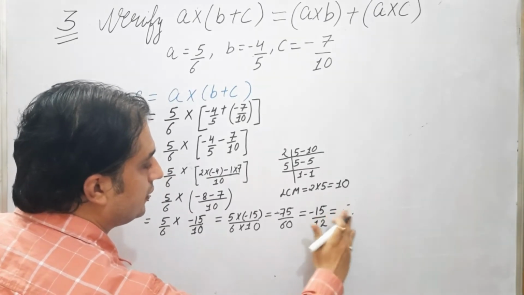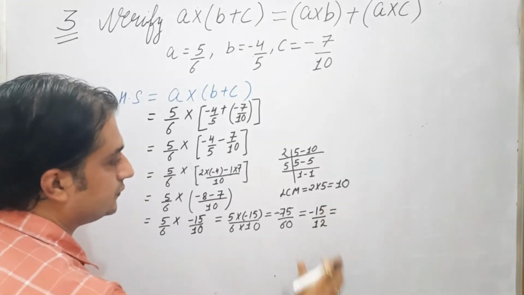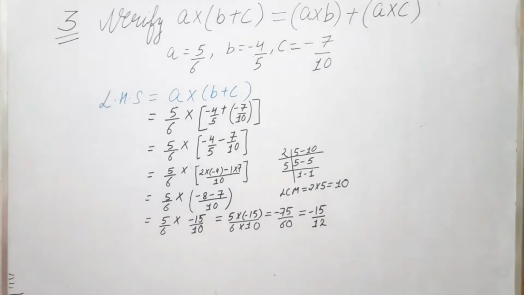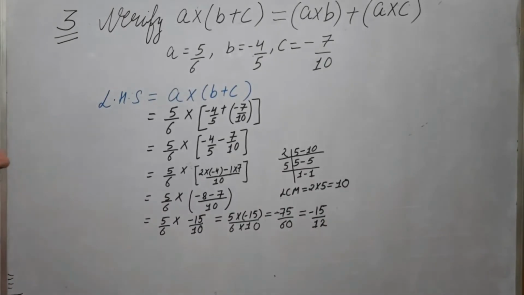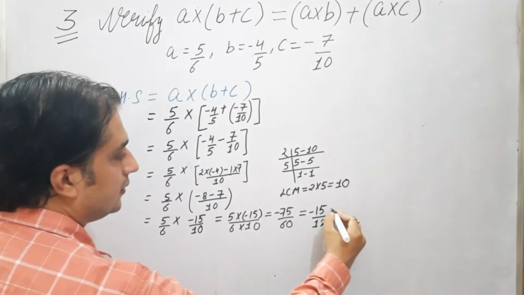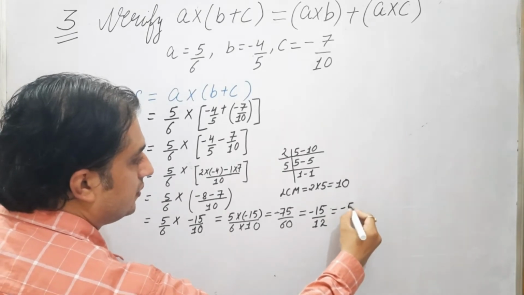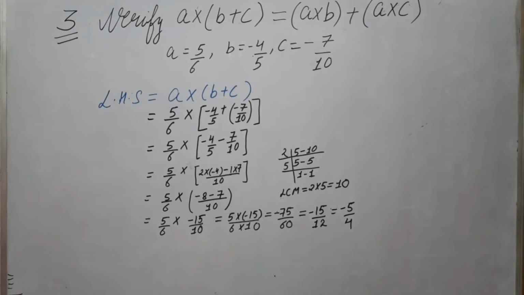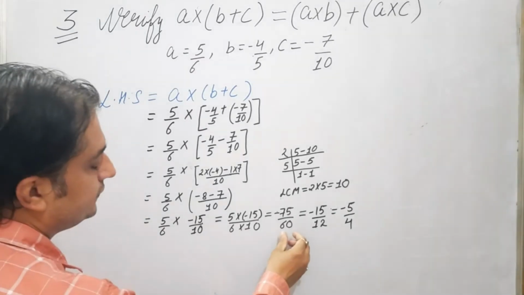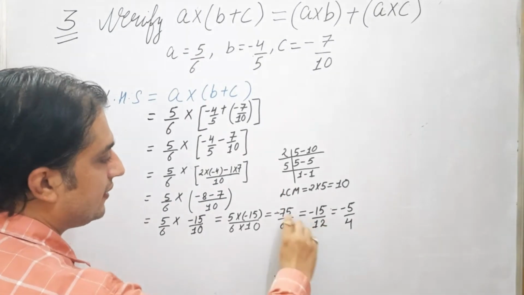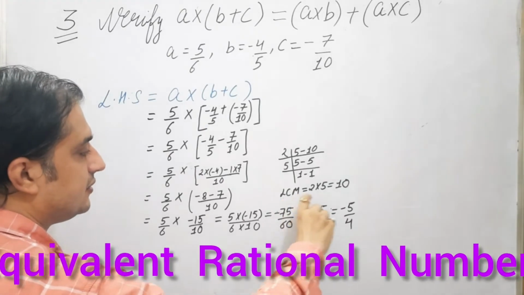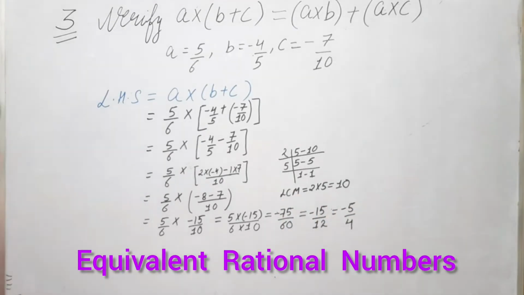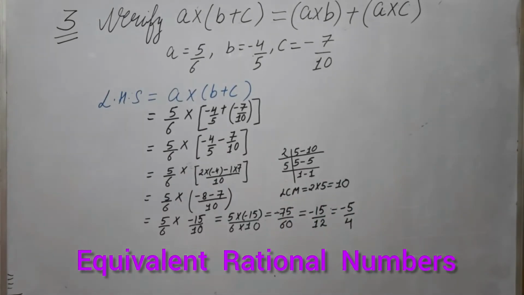Oh, sorry, you can't divide this one. You can leave it over here. So you can divide it with the help of 3. 3 5s are 15, 3 4s are 12. So these are the equivalent rational numbers.